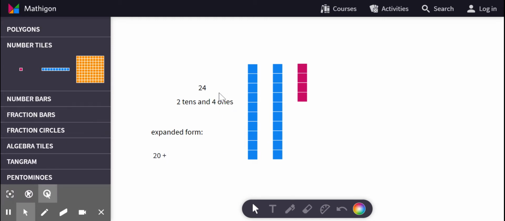And I know the value of 4 ones is just 4. Then I put an equal sign and it equals what? 20 plus 4, 24, right? So you can use expanded form to help you find the value of your tens and the value of your ones. Okay, let's try another number.